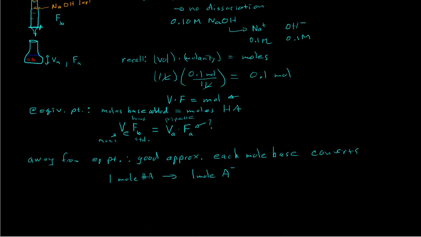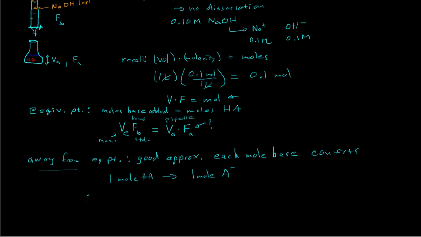Now, once we get really close to the equivalence point, because of equilibrium reactions and so forth, things are going to be a little bit wonky there, and so it won't be exactly true. Once we include all of those equilibrium reactions like autoprotolysis, then this won't be exactly true. But if we're away from the equivalence point, then it is a good approximation. We can make that assumption. And I say that because we're going to be using that assumption here.